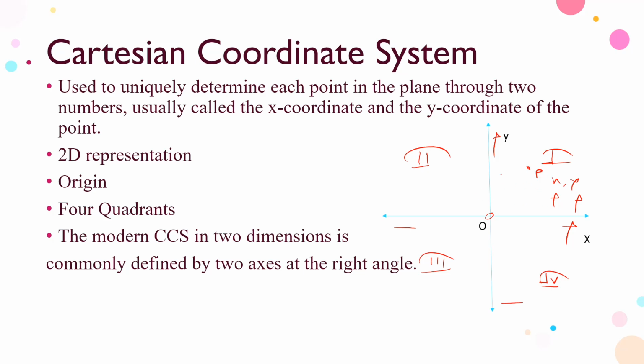But when it is present in the second quadrant, the values are negative and positive for x and y respectively. And when it comes in the third quadrant, both are negative for x and y, and when it comes in the 4th quadrant, then it is positive and negative for x and y respectively.